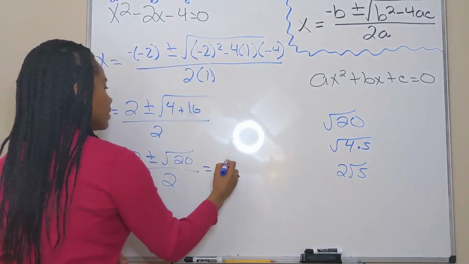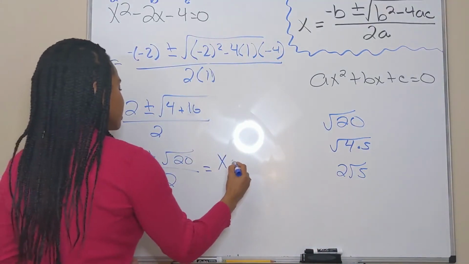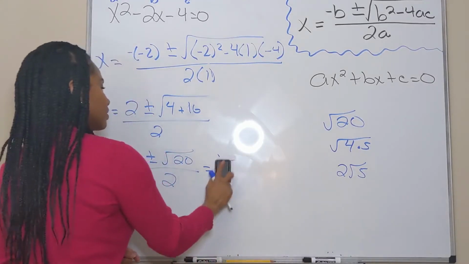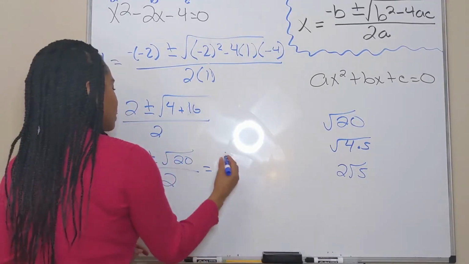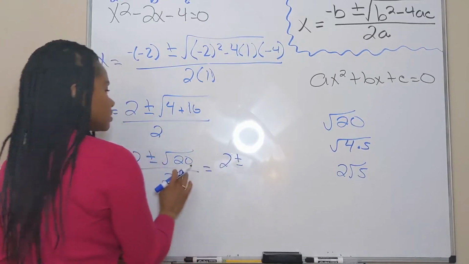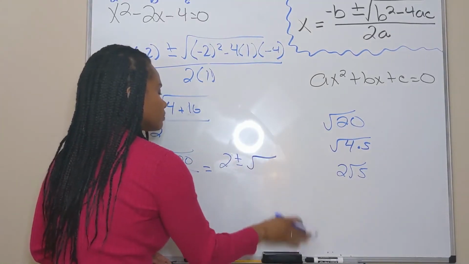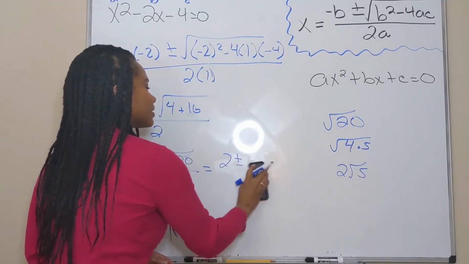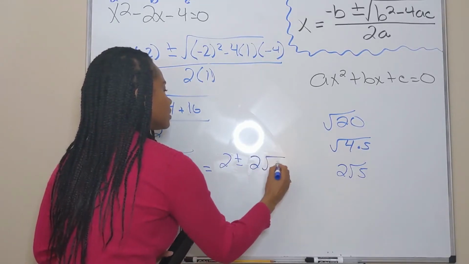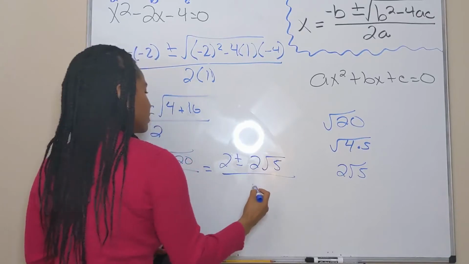So when I simplify it, it's going to be, no, I'm not going to put my x there, just my equal. So 2 plus or minus, instead of putting 20, I'm putting 2 times the square root of 5 over 2.